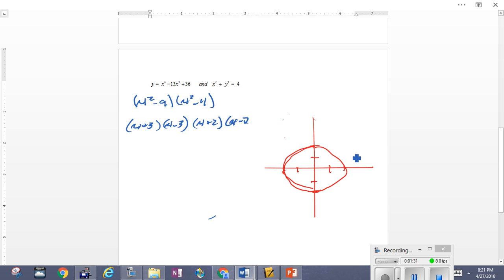So both of these graphs are nicely symmetric about the y-axis. We're having intercepts here at 2 and negative 2 and 3 and negative 3. And of course our y-intercept all the way up here, 36. Okay, we'll just pretend that's 36 up there.